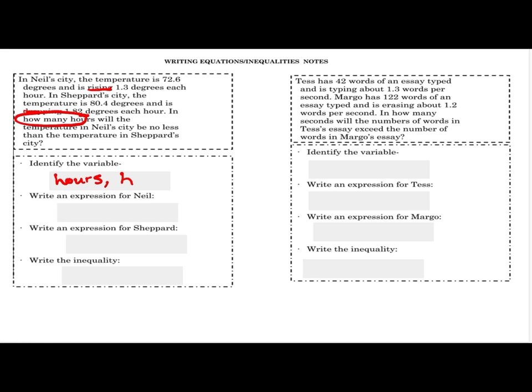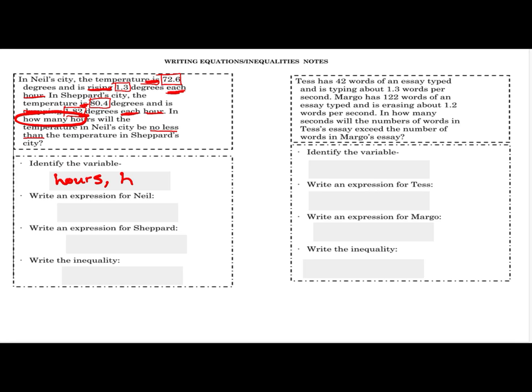The temperature is kind of an operation, and "each hour" and "is" right here. All right, and then we box in our numbers, only the numbers we need. And then our end result is "no less than." Okay, "no less than." So we'll do that here in a minute.